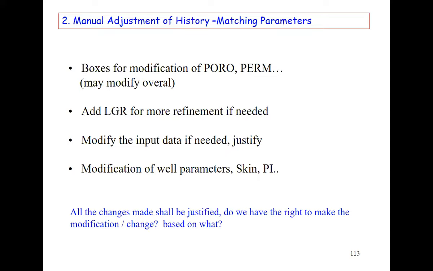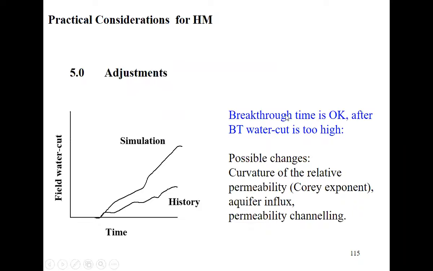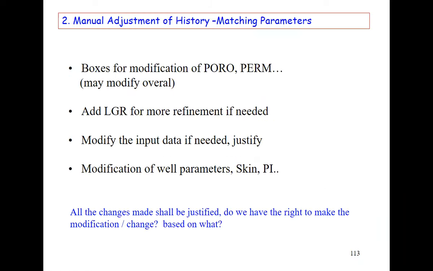We arrived here. So we have to make an adjustment as I took before. Let me see. So we are here. In any modification, all the changes we make shall be justified.